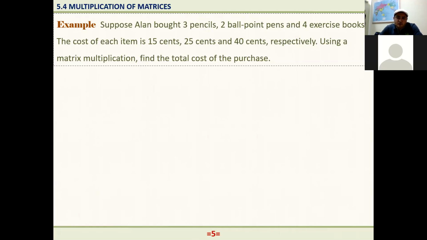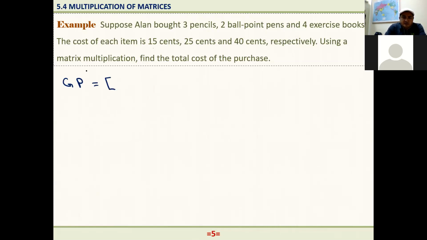And usually, if you don't have any idea about matrix multiplication, how will we find the total cost? We should multiply 3 by 15 plus 2 times 25 plus 4 times 40. But if you just notice, it's exactly the same as matrix multiplication. So here, if I just write, let's say G, these are goods and their prices.